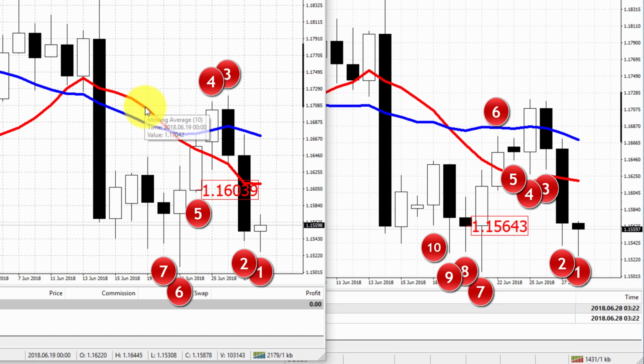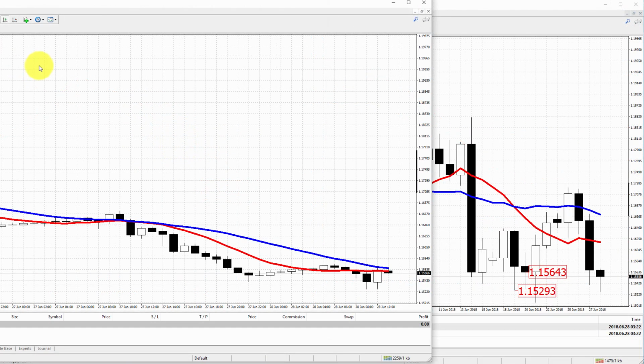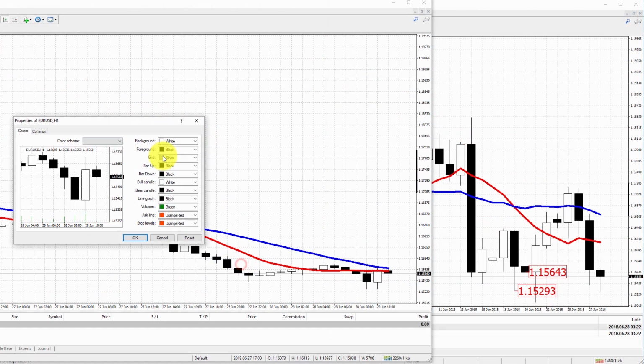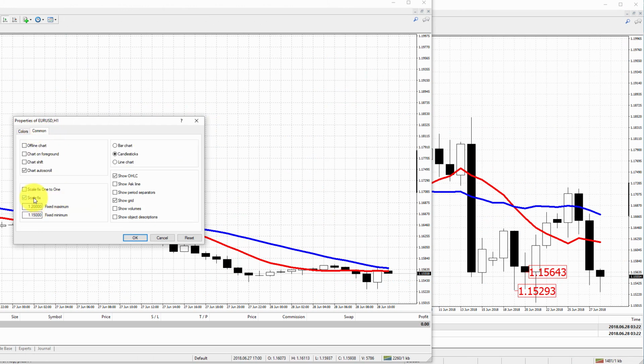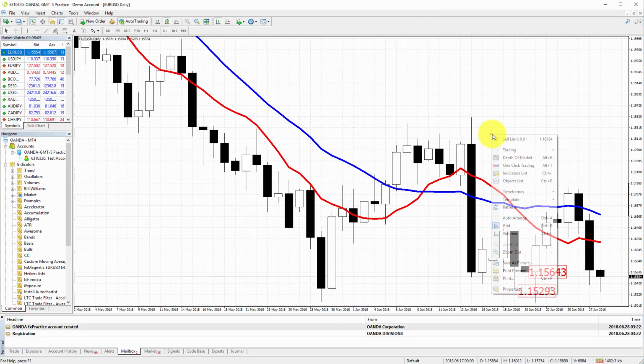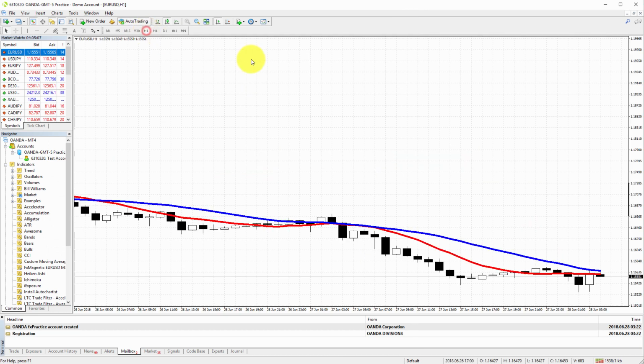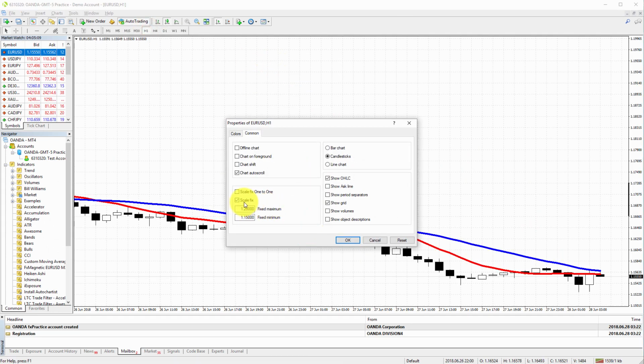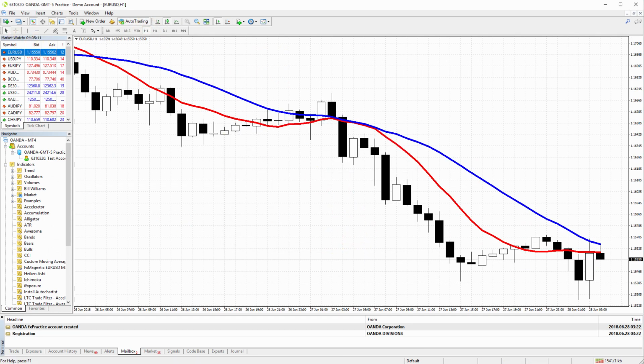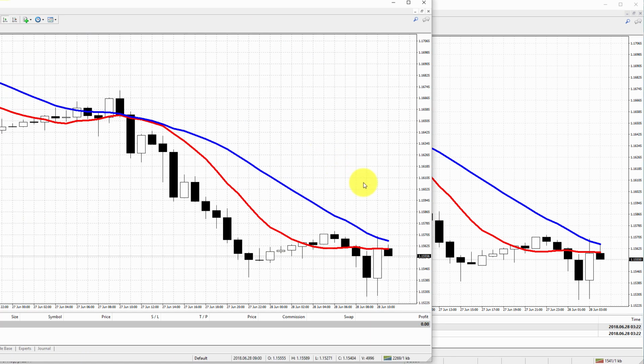Now if we switch to 1 hour time frame, let me remove the scale fix. These will be mostly the same.